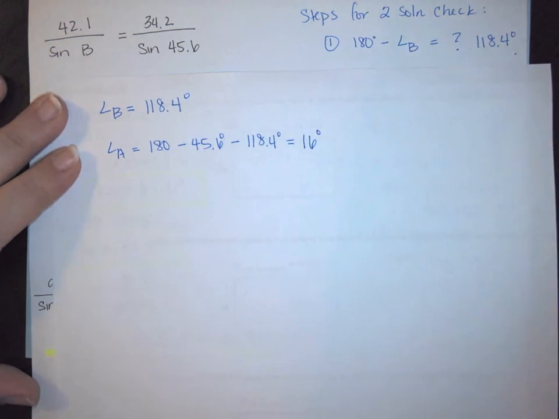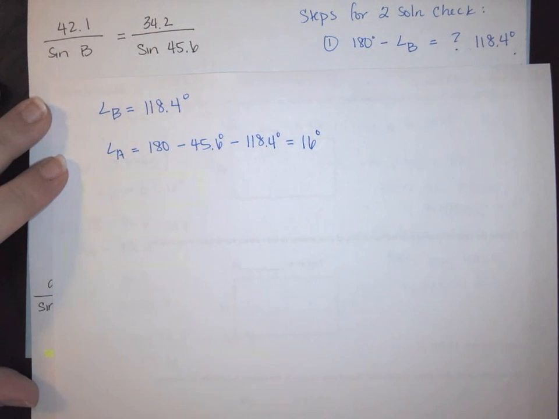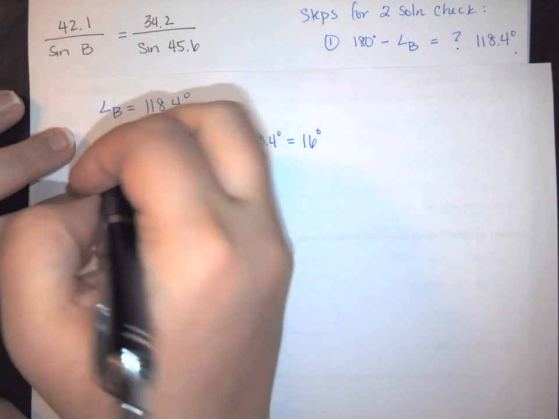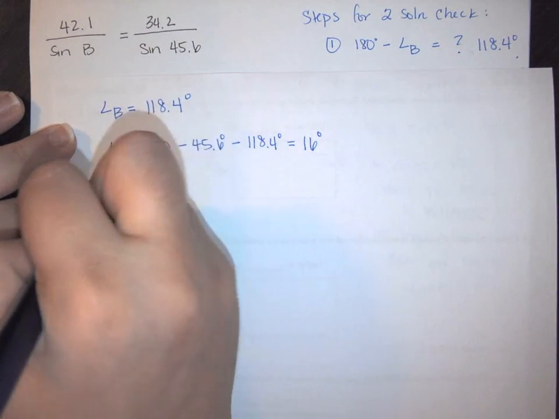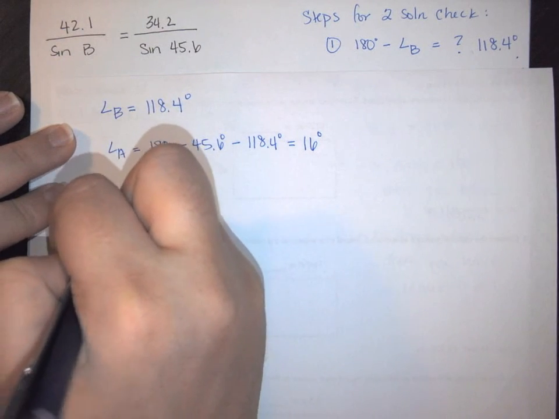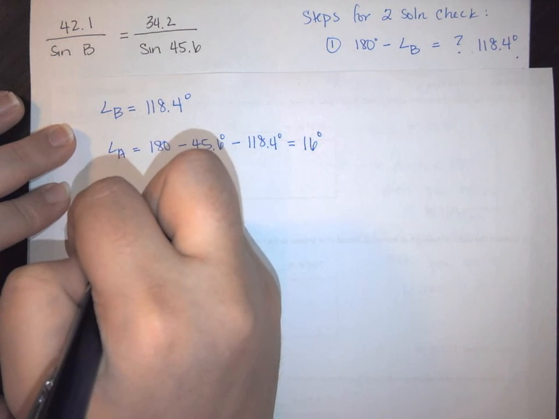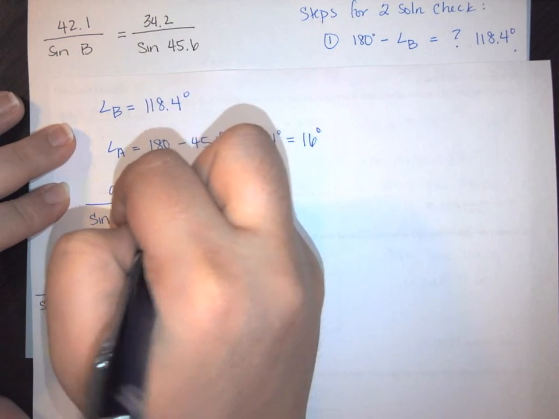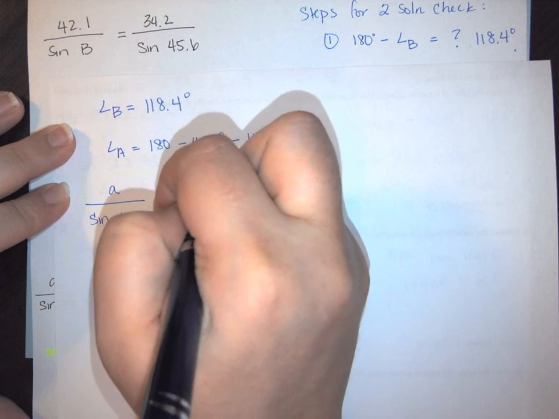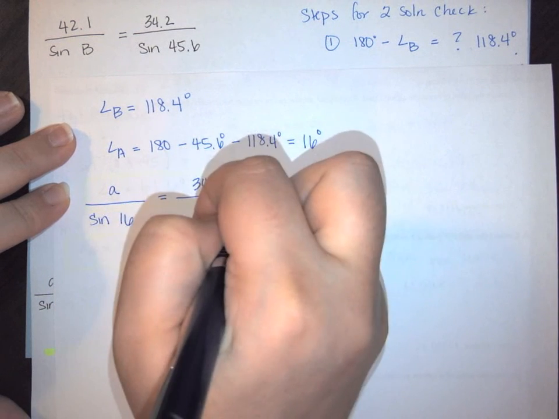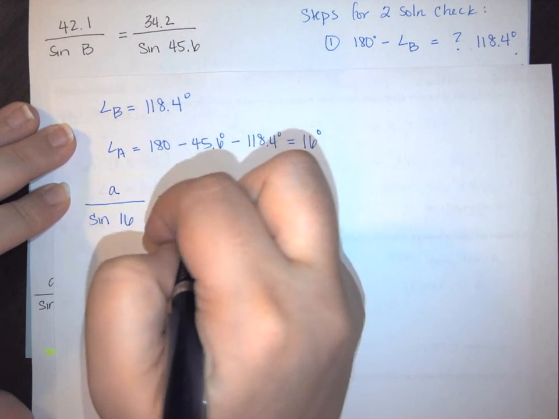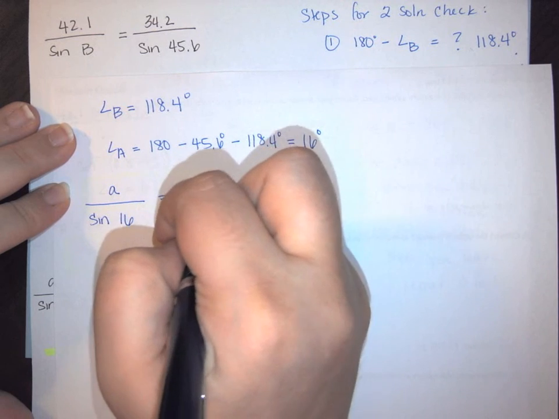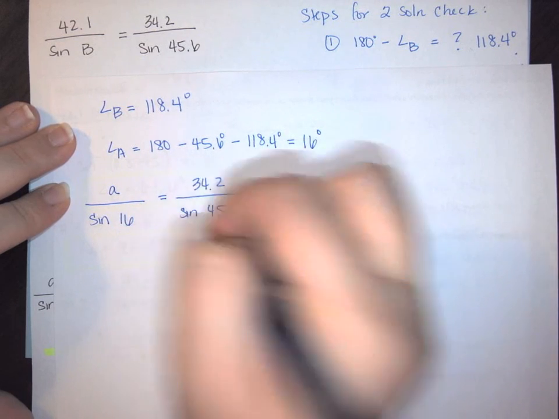And so in this case, we would have that A equals 13.2. So notice again, we have 3 new answers. We also have angle B, we have angle A, and we have my side A.